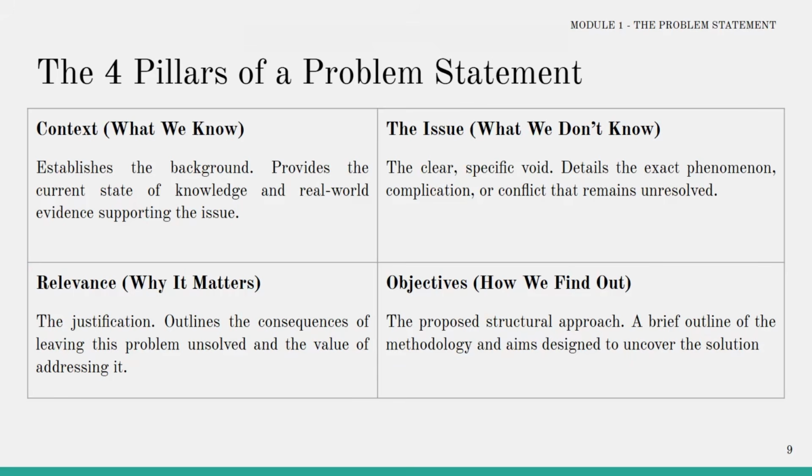And finally, it should also have an objective, how we are going to find it out. The proposed structural approach should be present in there. A brief outline of the methodology, and it will be aimed to uncover a solution.